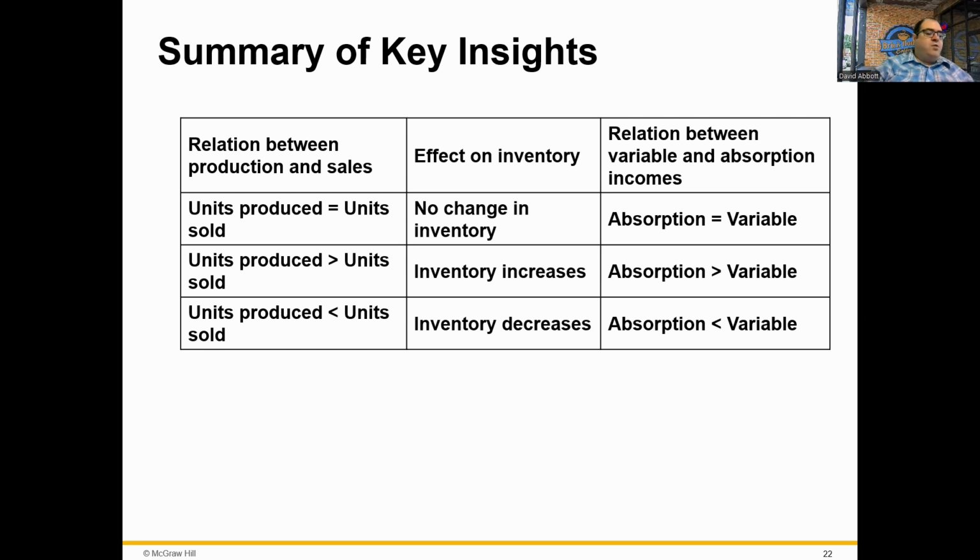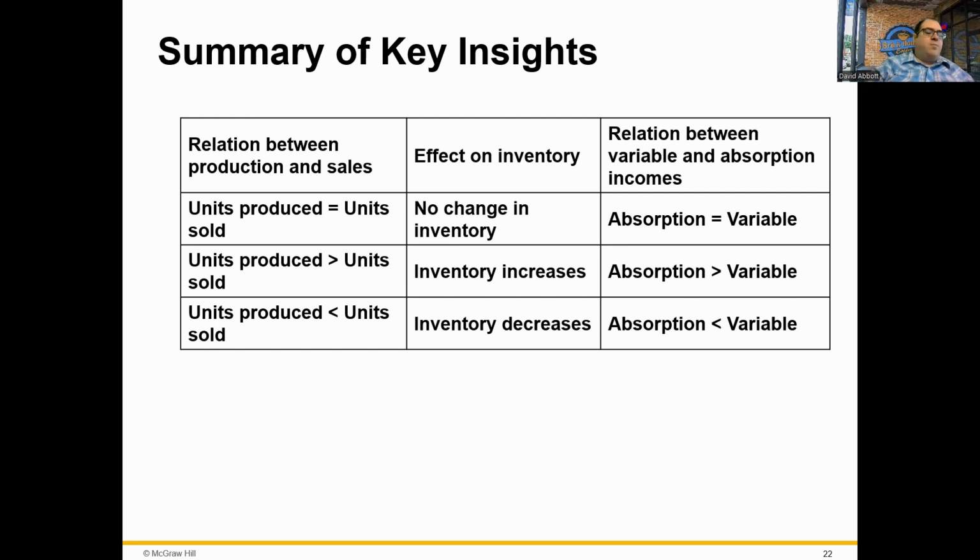When units produced equals units sold, the two methods report the same net operating income. When units produced are greater than units sold, as in year one for Harvey, absorption net operating income is greater than variable costing net income.